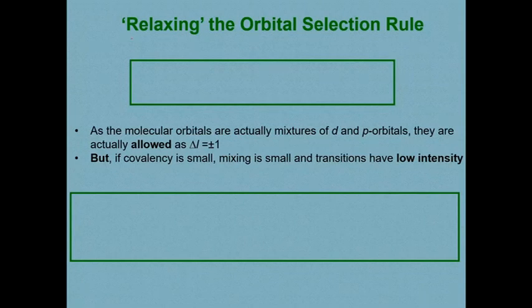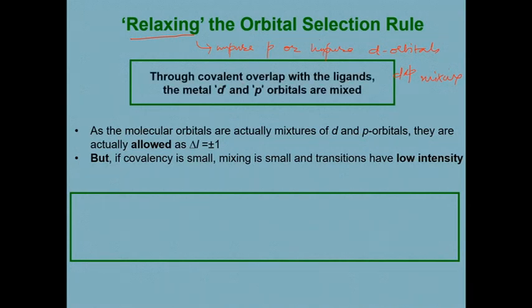So we mean to see that relaxation results in an impure p or impure d orbital. That is, d and p mixing is there. As the molecular orbitals are actually mixtures of d and p orbitals, they are actually allowed as delta L plus 1.